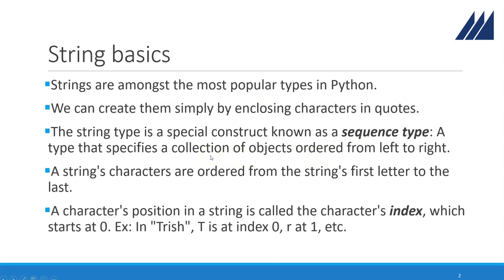So what is a sequence type? A sequence type is basically a collection of objects, and these objects have an order. This order is from the left to the right, and we're going to see that in a nice picture. A string's characters are ordered from the left to the right, from the first letter, which has a special index, until the last letter, which has the last index of the string.